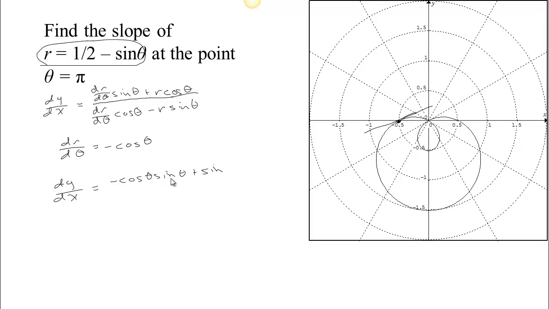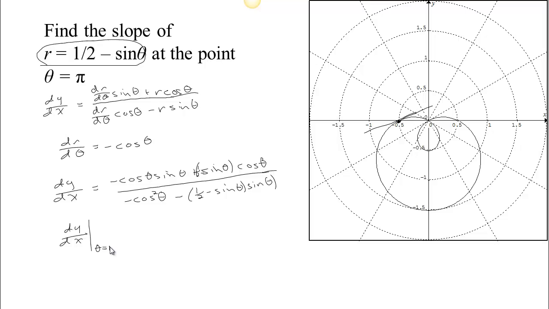Minus cosine theta sine theta plus r, which is, r is 1/2 minus sine theta, times cosine theta, so there's r cosine theta, all over, in the bottom here we have dr d theta, that's minus cosine theta, times cosine theta, so we have minus cosine squared theta, minus r sine theta, so minus 1/2 minus sine theta times sine theta.